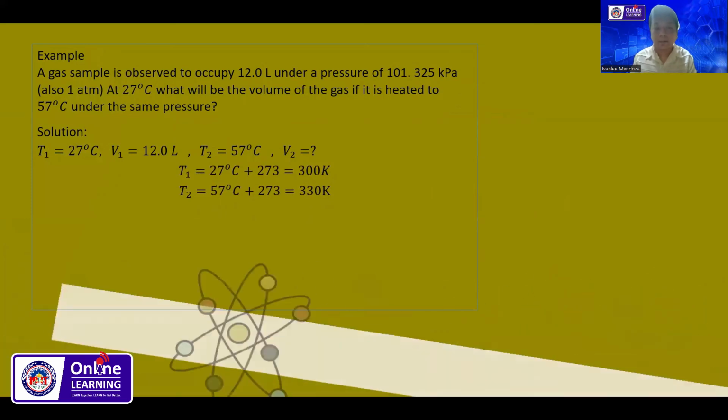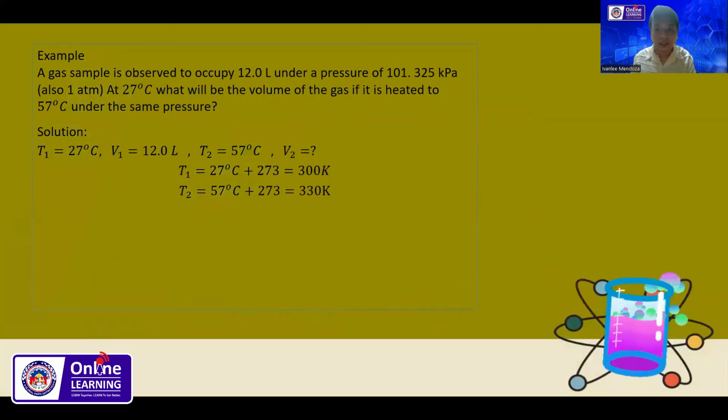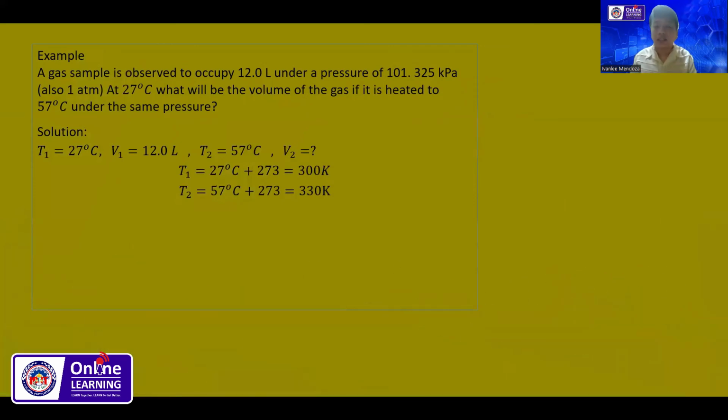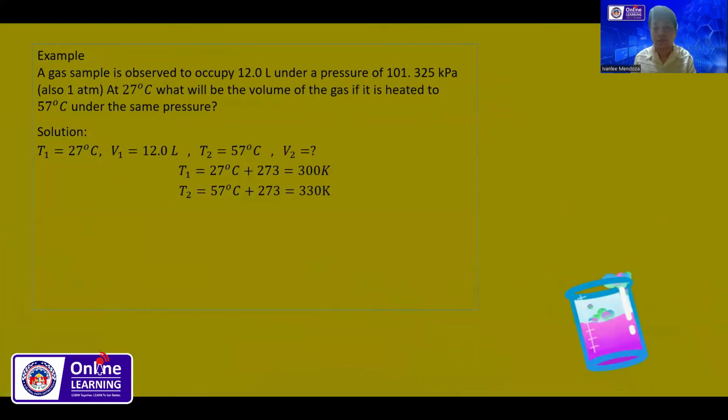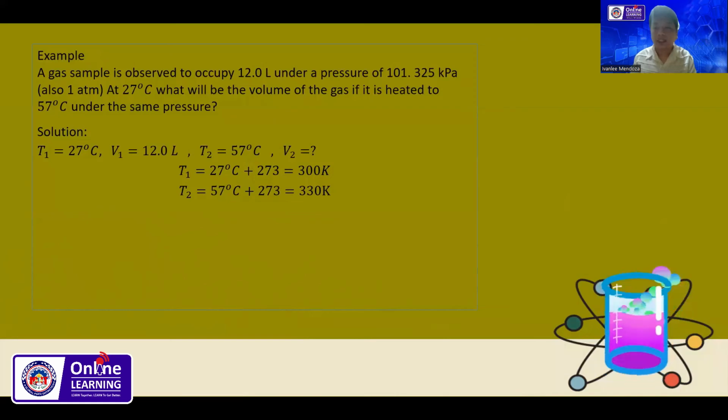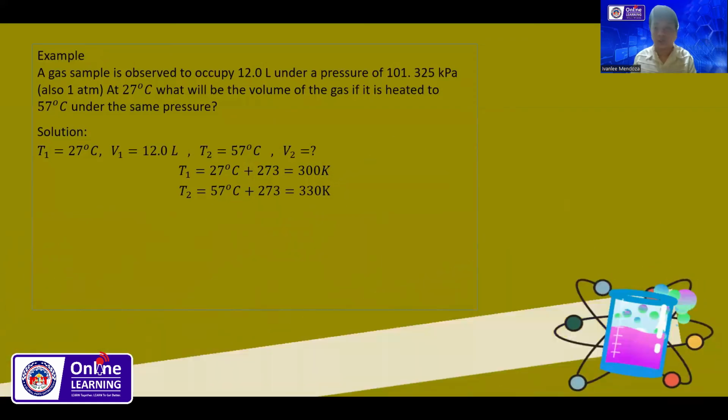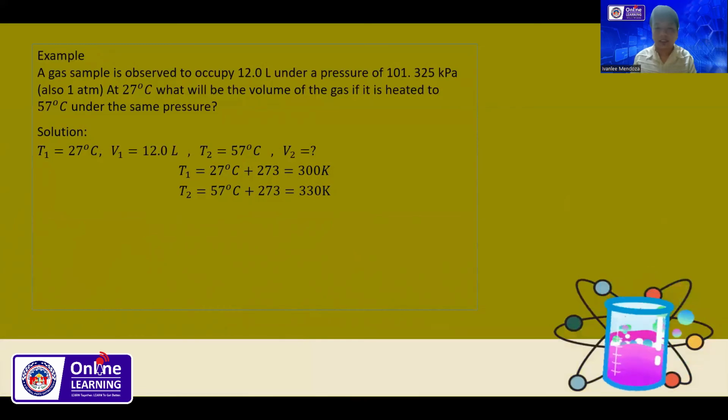Simply take the temperatures in degrees Celsius, both T1 and T2, and add 273. For T1, we have 27 degrees Celsius plus 273, which is 300 Kelvin. And for T2, that is 57 degrees Celsius plus 273 equals 330 Kelvin.